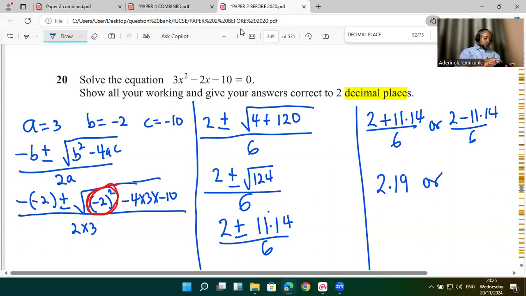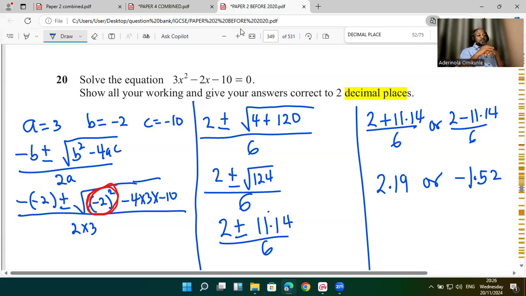Or 2 minus 11.14 gives negative 9.14, and then you divide that by 6, and that gives me negative 1.52. Okay, so those are the two answers.